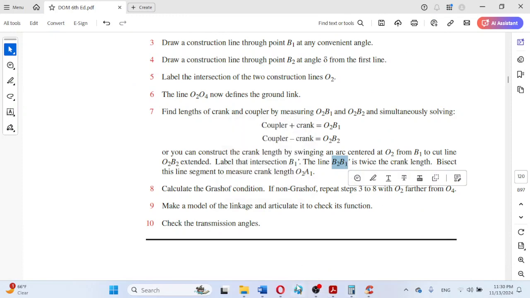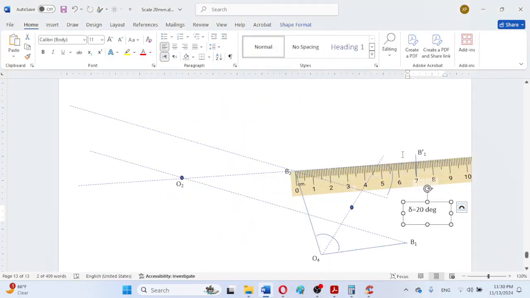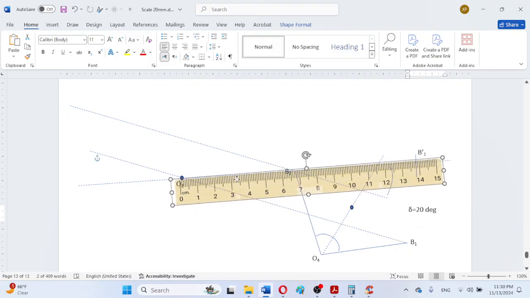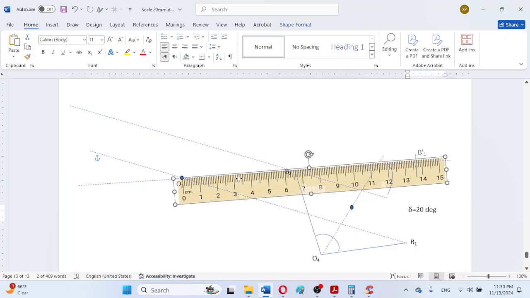So that means about 3.5, yes, this will be the crank length 3.5. So move this scale here, and here it is 3.5.